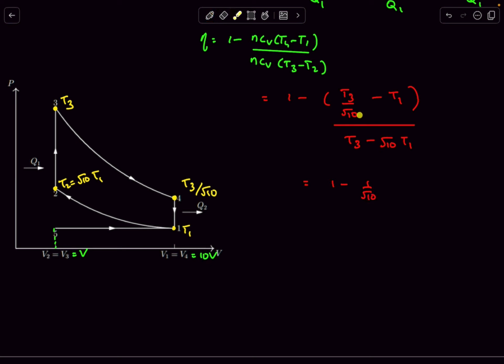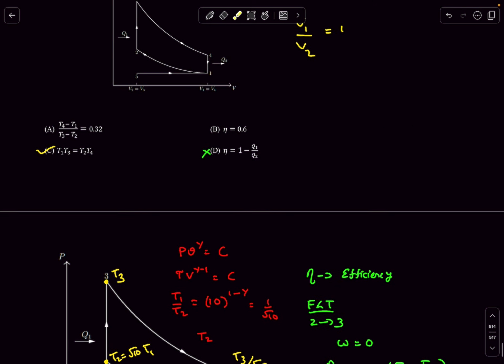The T3 minus square root of 10 term cancels out from the numerator and denominator. So this just becomes 1 minus 1 by square root of 10. So once you solve this, the efficiency comes out to be around 0.684. So the efficiency is 68% approximately. Now if you look at the option, they have given it as 0.6. So that will be clearly wrong because eta equals 0.6 means the efficiency is 60% and the real answer is 68%.